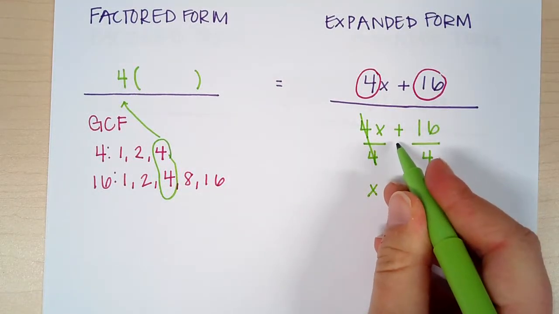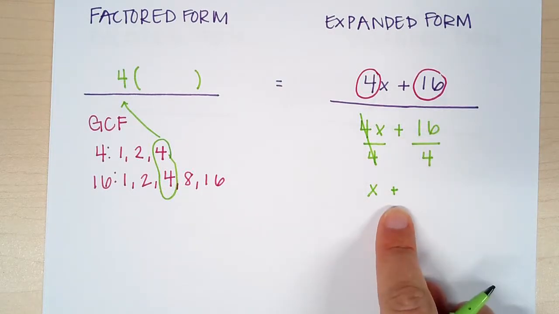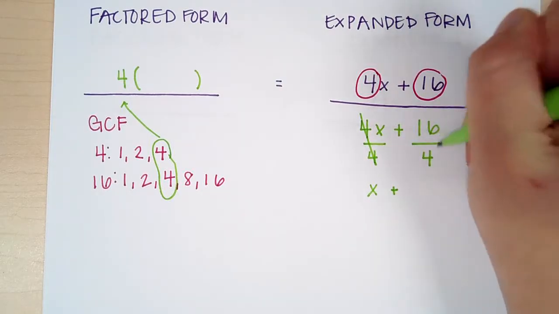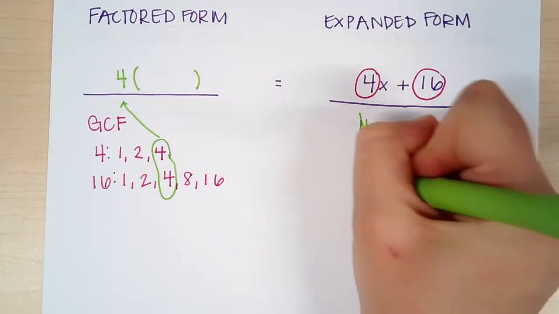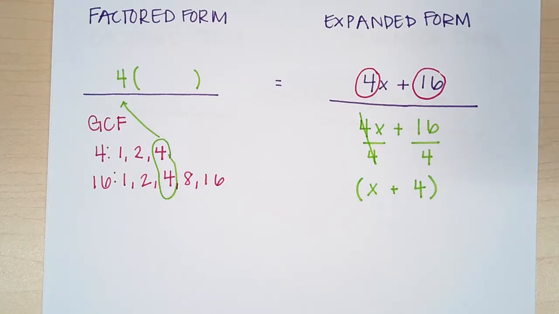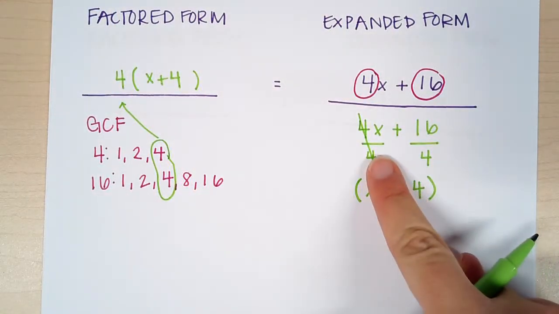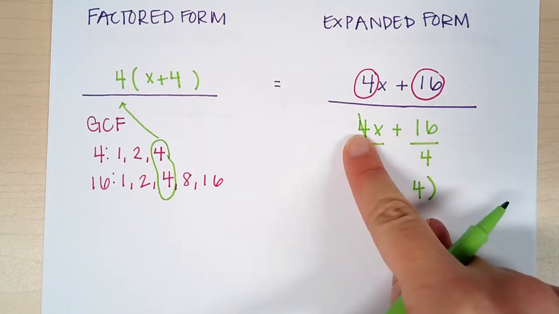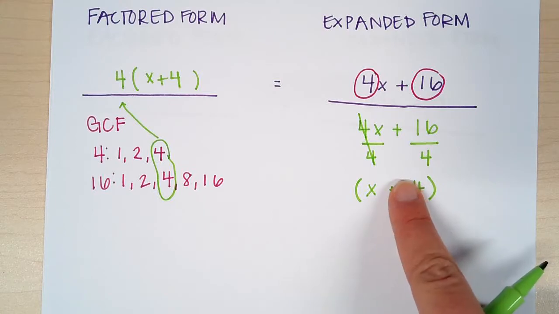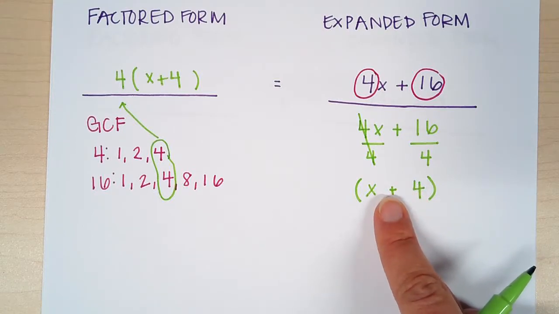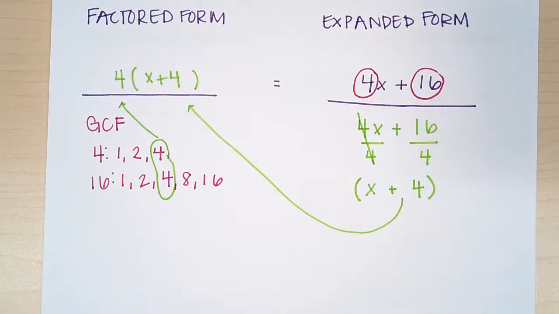My plus sign is here, so I bring it down. If I had a subtraction sign here, I would bring that down. And then 16 divided by 4 is 4. So this is what goes inside of our parentheses. I have pulled out through division the 4 to leave us inside with just x plus 4. So this is what then goes in here.